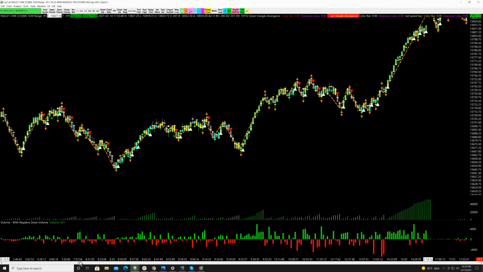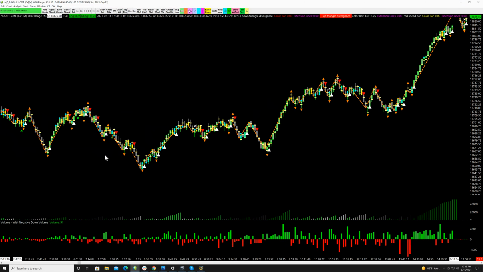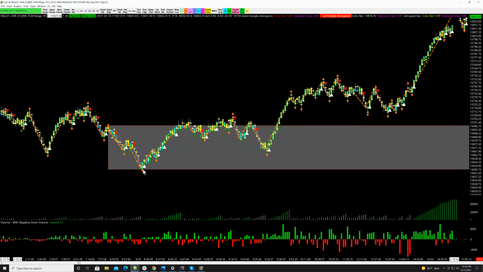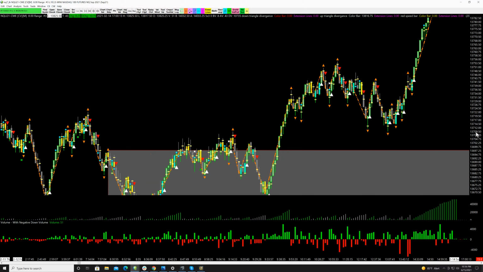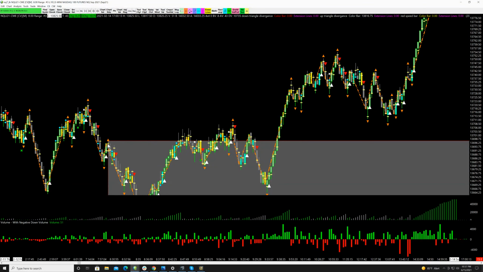So technically, when you look here, this is the wave to the low right here. See this? That fractal is the last fractal. That's the wave to the low. I like to measure fractal to fractal with the low. I'm going to call that the last move down, right? So when you look at this bar right here, I was a little bit sloppy, but technically, because the top of the wave would be in a little bit, let me move this really quick.